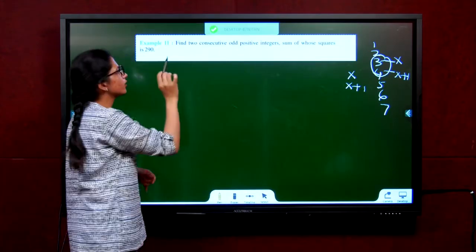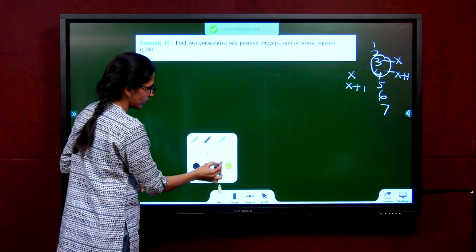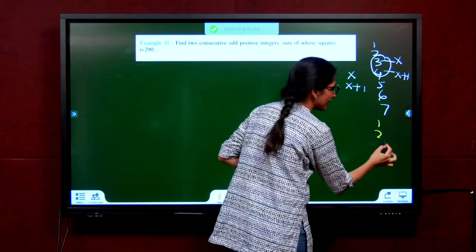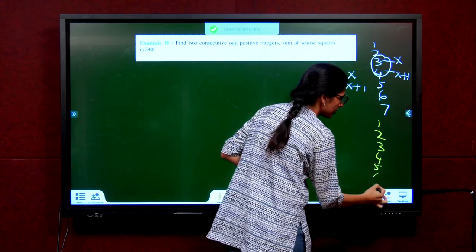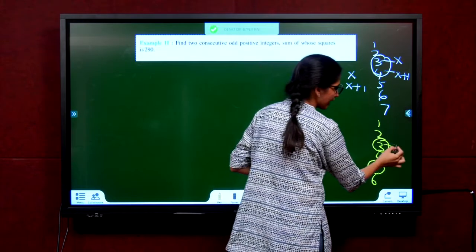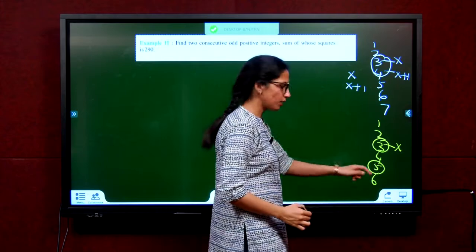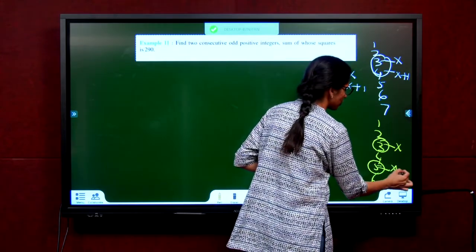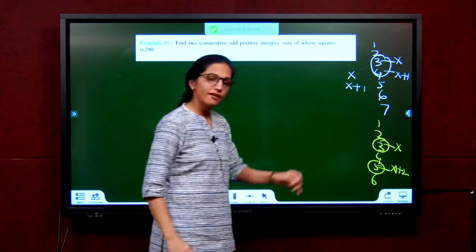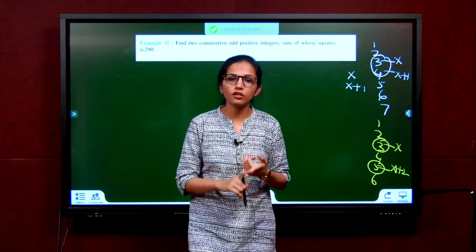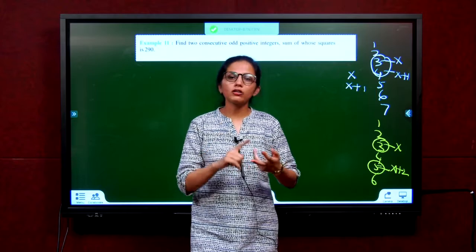They are asking for consecutive odd integers. So they are not talking about 3 and 4. Now they are talking about 3 and 5. So now tell me, if x is 3, what will be 5? X plus 1 or x plus 2? X plus 2.